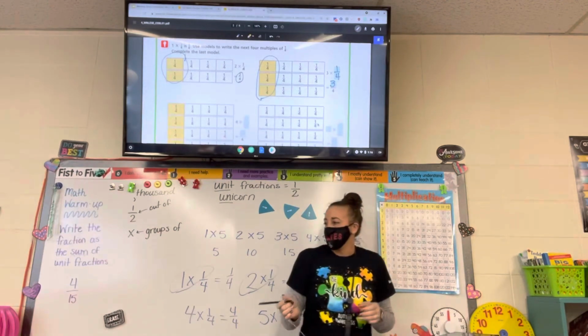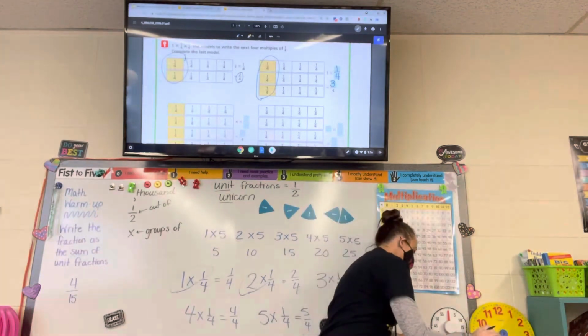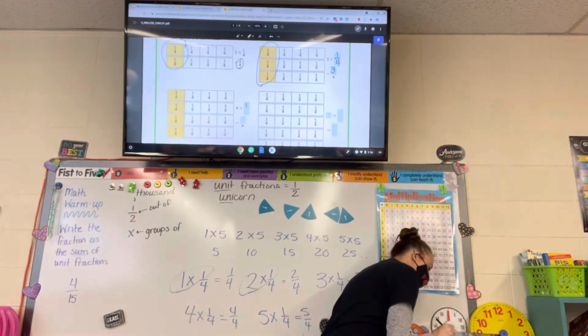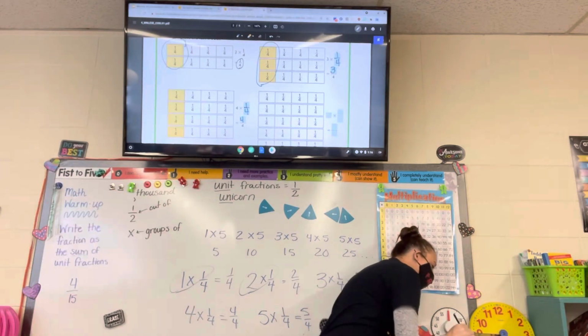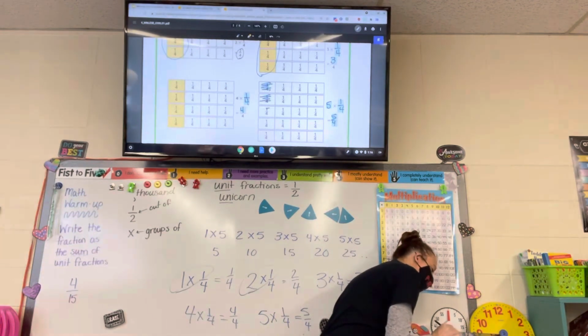How many 1/4 do you see there, Brindley? 3. Makes sense? Okay. 4 times 1/4 equals 4/4. 5 times 1/4 equals 5/4. So I'm going to shade 5 1/4 on this one.